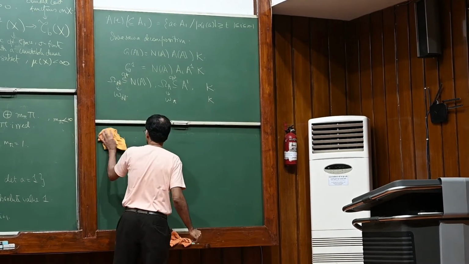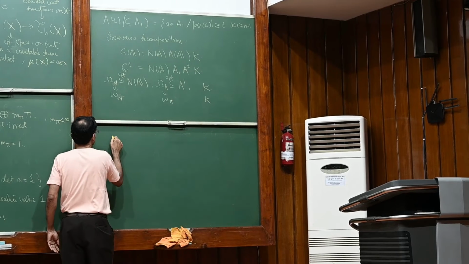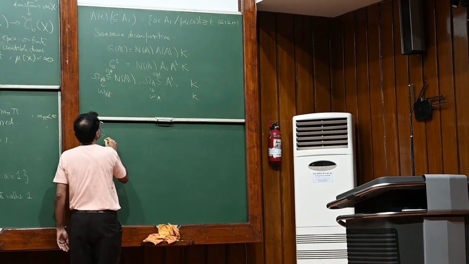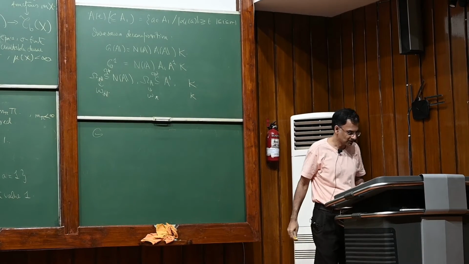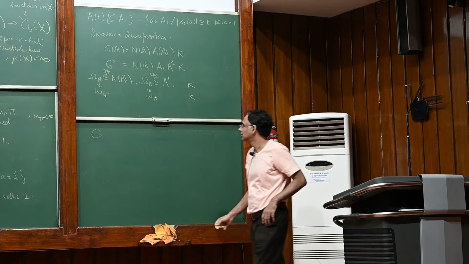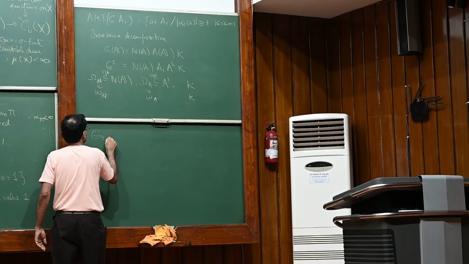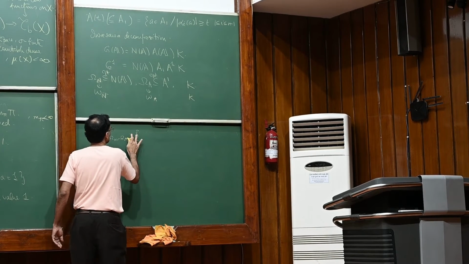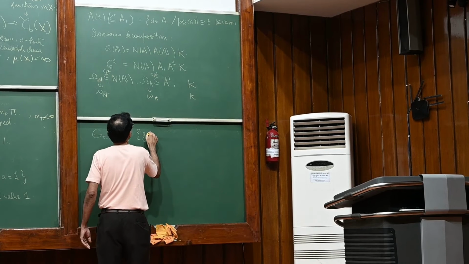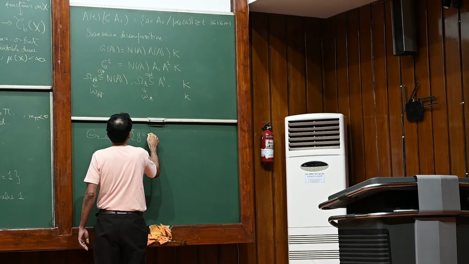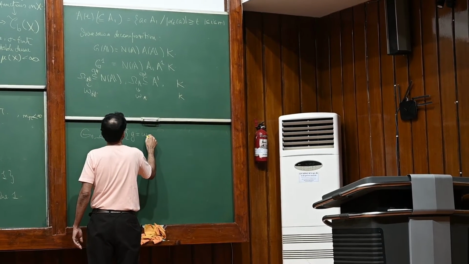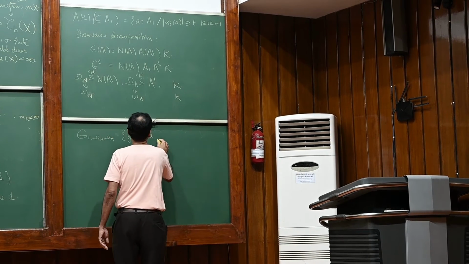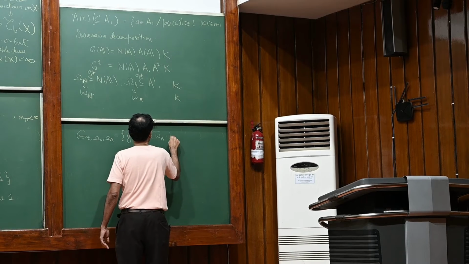Let's index it by omega and T. This is going to be the set of g in G1, equal to omega_N times A_T times omega_A times K.